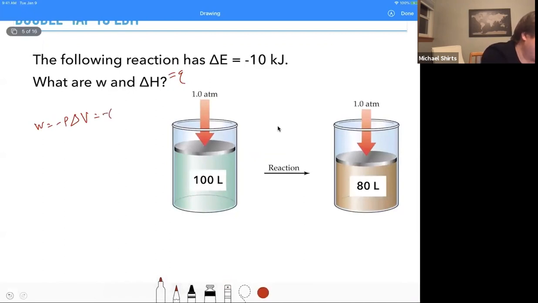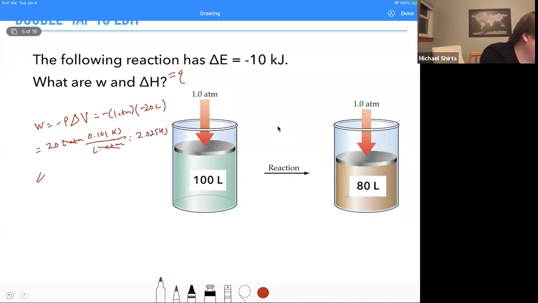It's minus 1 atmosphere times minus 20 liters, because it's shrinking, equals 20 liter atmospheres. Multiplying by 0.101 kilojoules per liter atmosphere, that cancels, and we get 2.025 kilojoules.